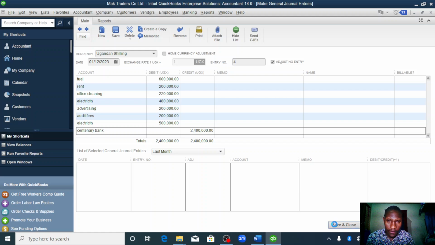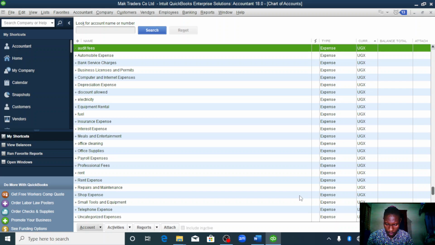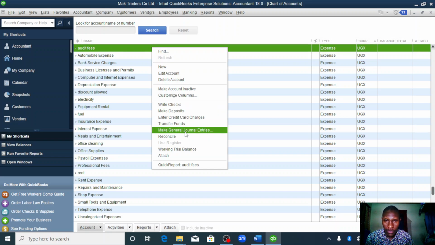We save and close. Then we go to another transaction on 25th.